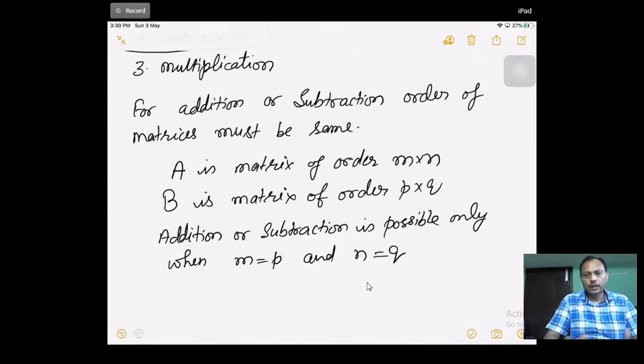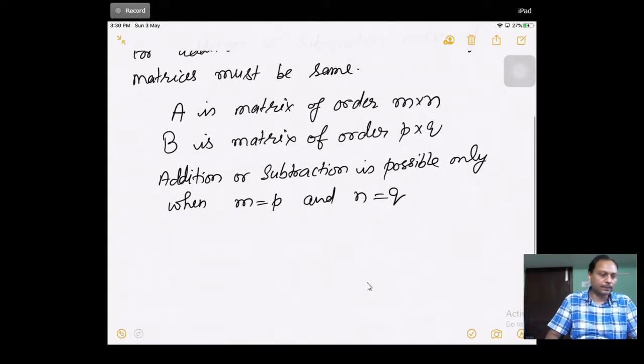Because in addition or subtraction we are adding the corresponding elements. So the order must be the same, because if the order is not the same, we cannot get the corresponding elements. So it will not be possible to add or subtract the matrices.